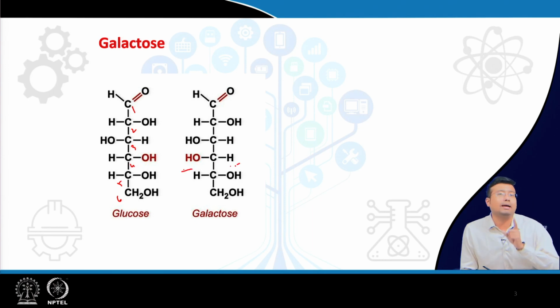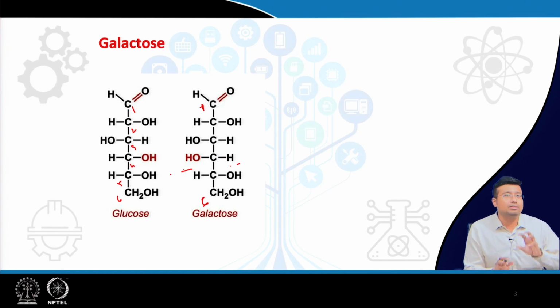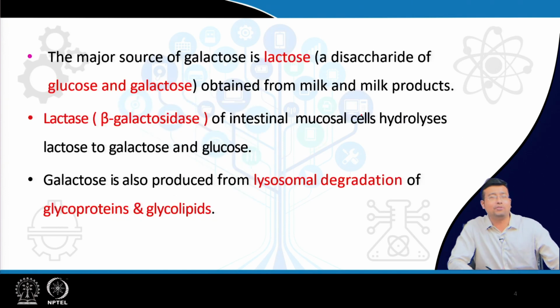If you have followed closely my HMP shunt lecture 1, over there I told you the isomer in which the H and OH is rotated in any carbon other than the terminal carbons, so leaving apart 1 and 6, if in any of the carbons 2, 3, 4, H and OH are rotated, then this type of isomerism is known as, were you able to answer? Epimers. Okay, so glucose and galactose are epimers, E-P-I-M-E-R-S, epimer. Okay. So, with this information let us go forward.